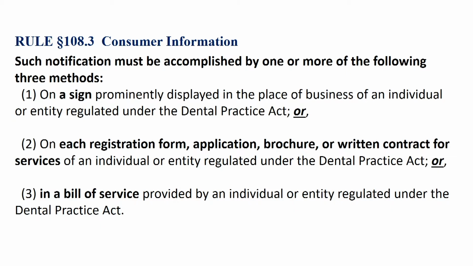Secondly, I mentioned before that if an investigator comes to your office based on a complaint, part of their checklist will not only be the sanitation and infection control, but their checklist of items to inspect with respect to compliance will include whether or not you have this information either prominently displayed as stated in option number one, or if the information is being published utilizing the other two methods.